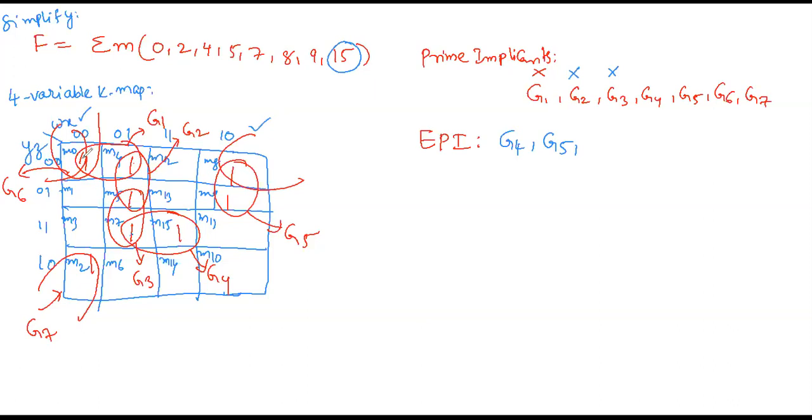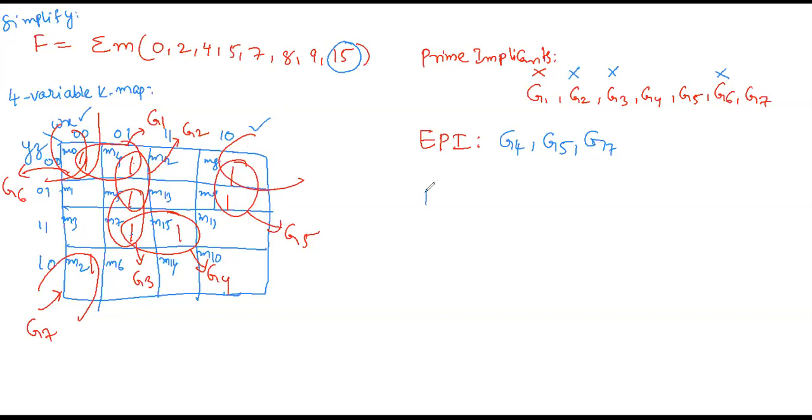This minterm M0 is part of G1 and G7. This minterm is part of G5. So it is also not an essential prime implicant. So next one is G7. M2 is alone. It is not part of any group. So we have G7.